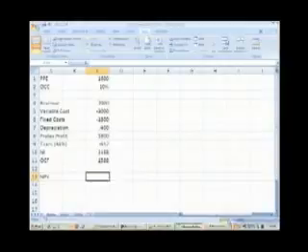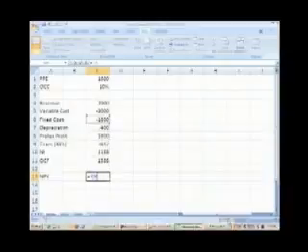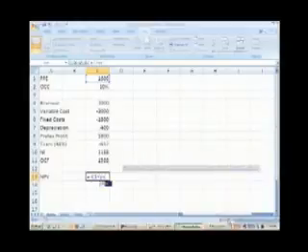And the net present value will be equal to the cost, this 1.6 billion, plus the present value of the cash flows, and the rate again is 10%.